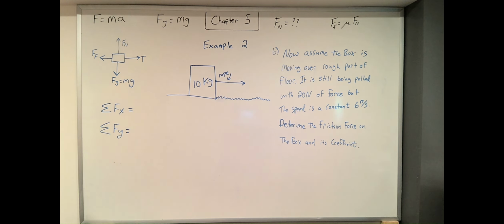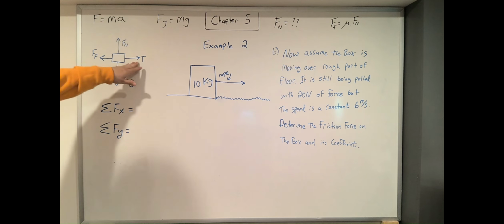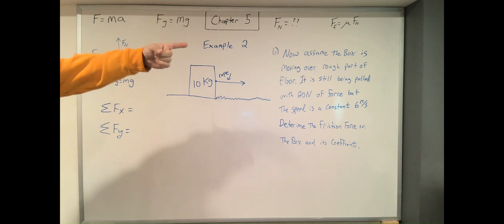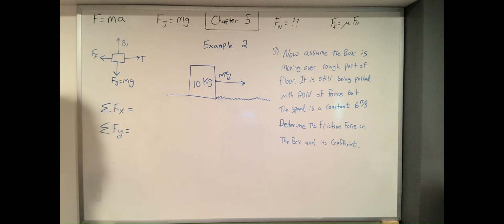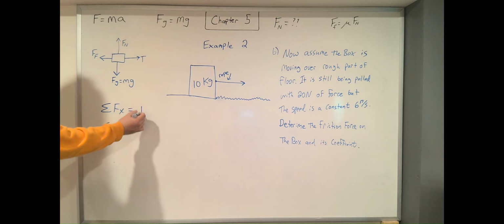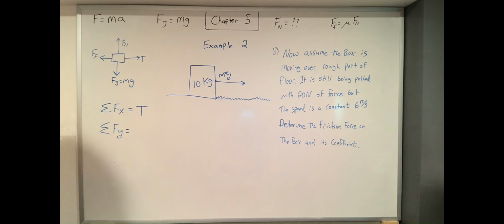What I want to do here, I like to do it in kind of a little reverse order. You might do it in original, it doesn't matter. I like to list out my forces in each of the directions and then determine whether or not that sum is a number or it might be zero. So what I'm going to do is look at the two forces that are in the X direction. And I've got T, tension, which is heading off in the positive direction. So I'm going to put tension down as being positive. That's one of the forces in the X direction, and it's positive.